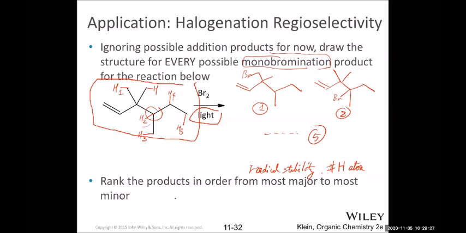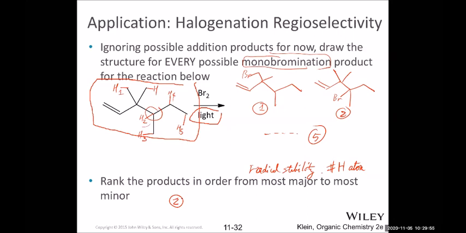So product number 2 should be the most. Another factor is that the bromination reaction is very selective, as you saw last time, many times more selective than chlorine. So for the bromination reaction, the stability of the carbon radical is number 1, the most important factor, as you can see from the previous discussion.